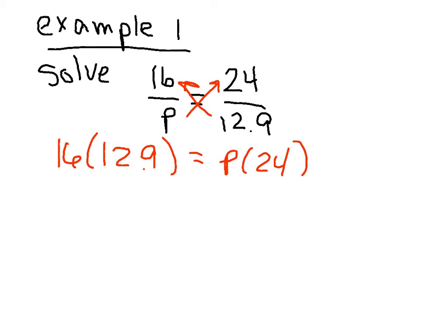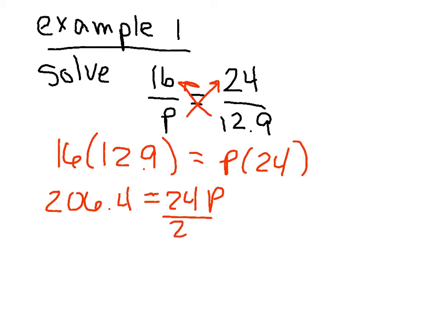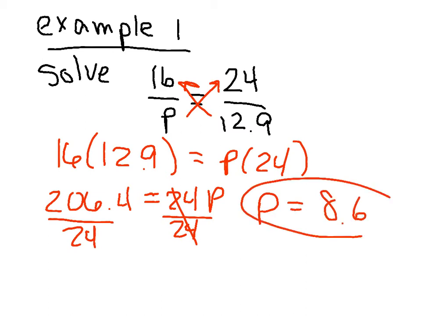Let's actually do 16 times 12.9. Calculator out. 206.4 equals 24p. Divide both sides by 24. I get p equals 8.6.